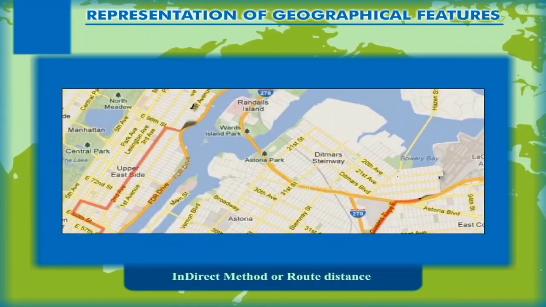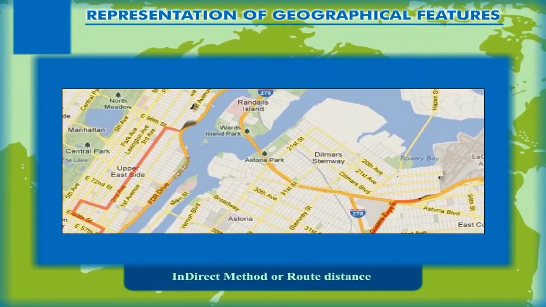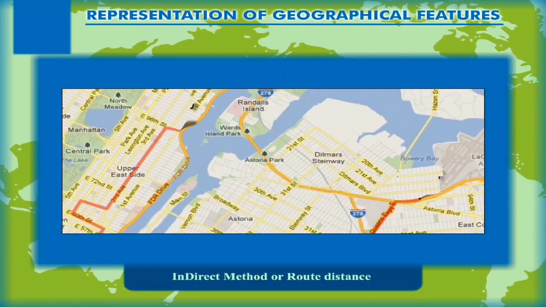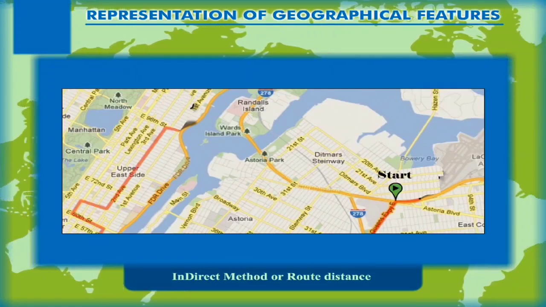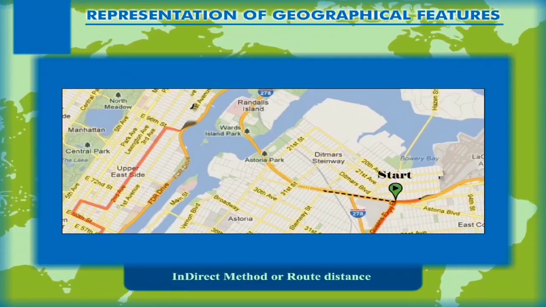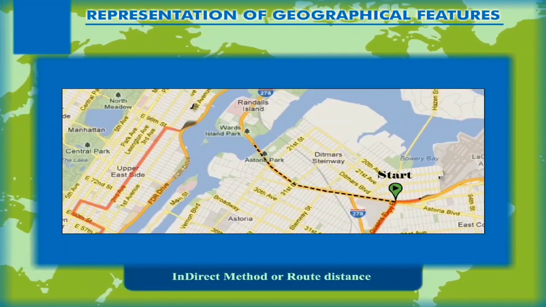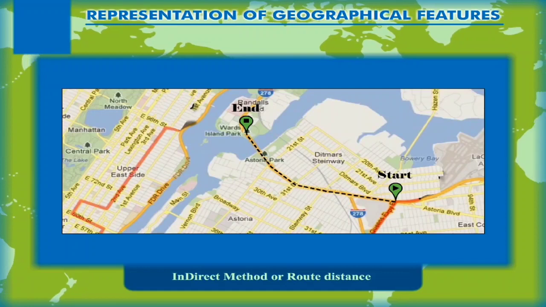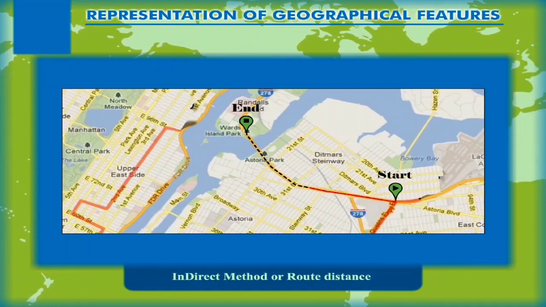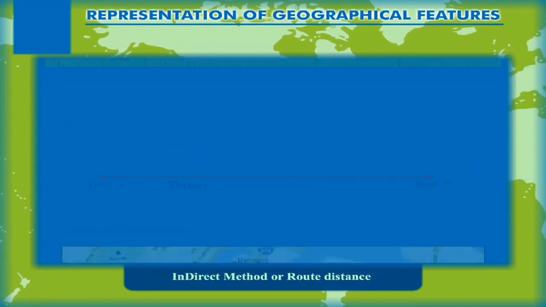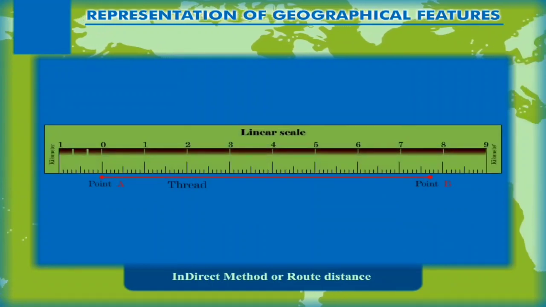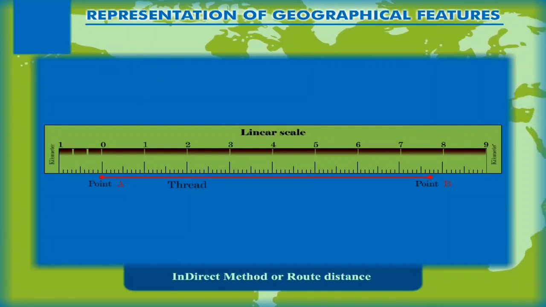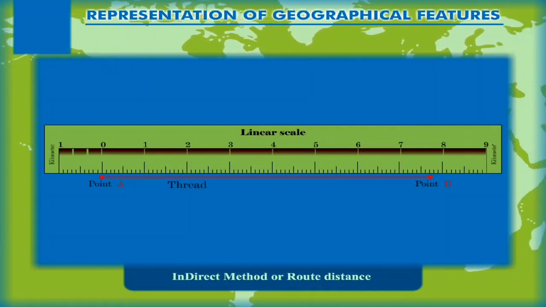In the indirect method or route distance, the distance is measured along a road, railway line or river, etc. To measure such a distance, a piece of paper or thread is used. A thread or twine is placed along the curves between the points taken for measurement.